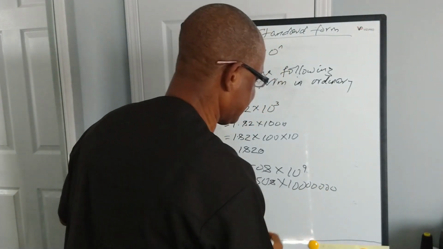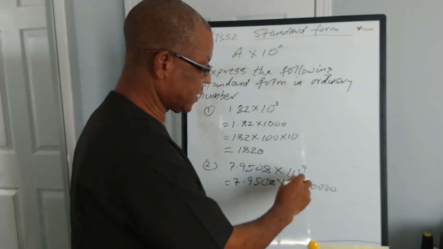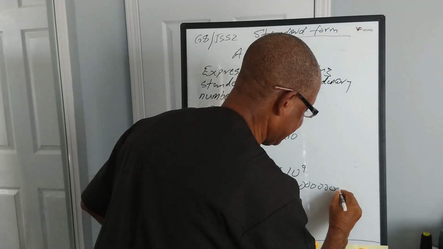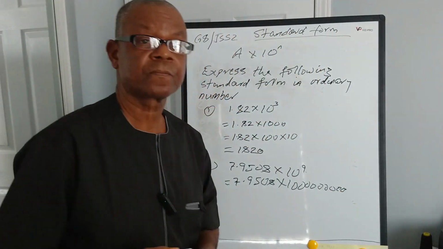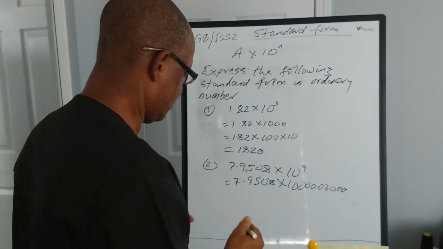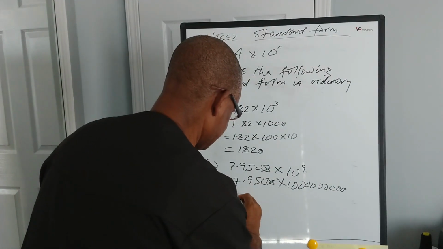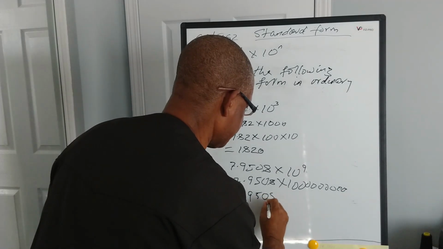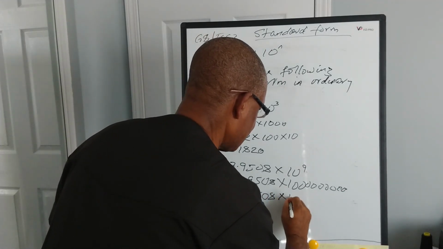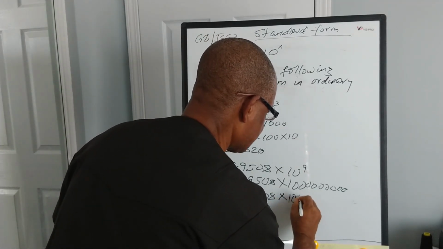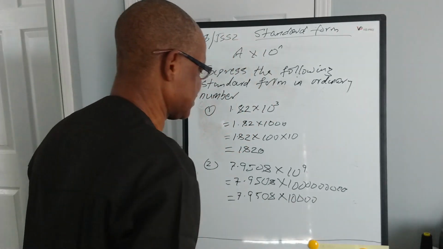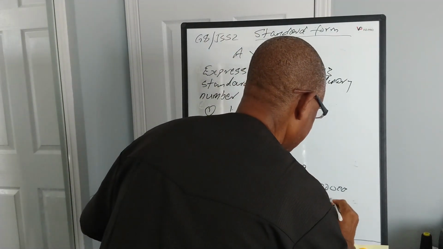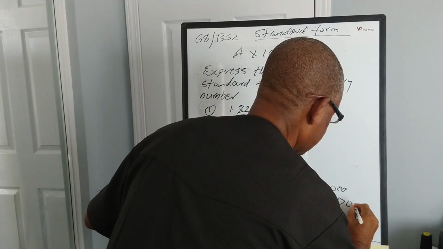How many zeros do we have? 1, 2, 3, 4, 5, 6, 7, 8, 9. So this can be written as 7.9508 times 10000, that is 4 zeros, times the remaining 100000.